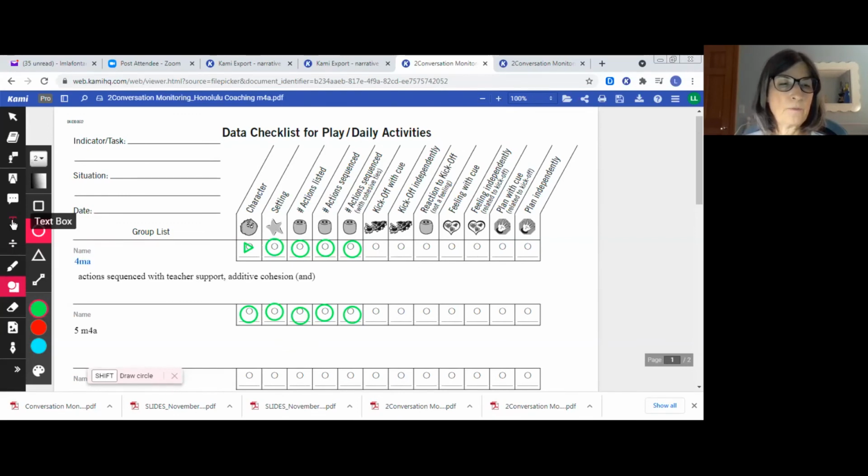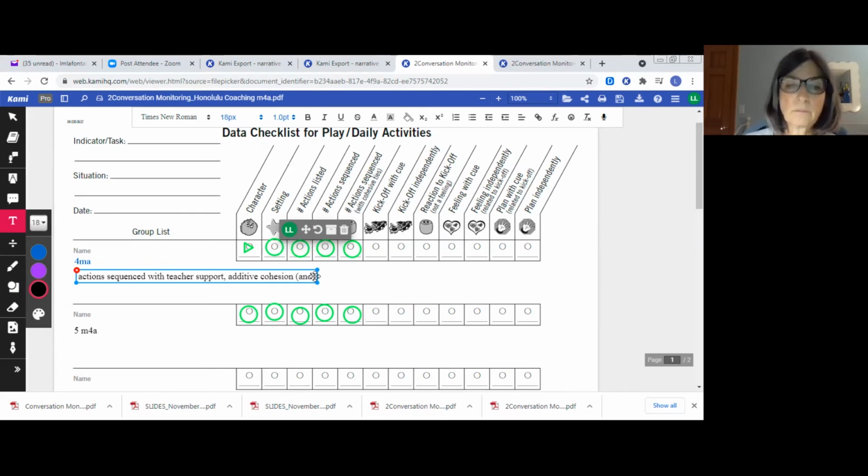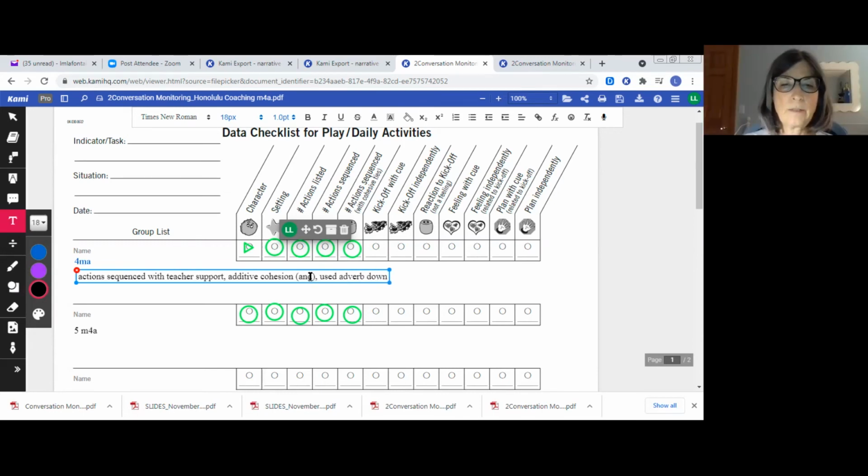But number 4, this boy up here, he also used the adverb "down." Oh, yes. So that was expanding the verb phrase. And you could say additive cohesion, and we could say times 9. However you want to do it, it's just what makes it work for you.